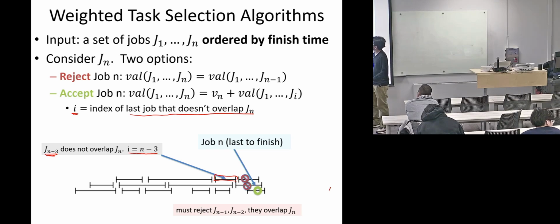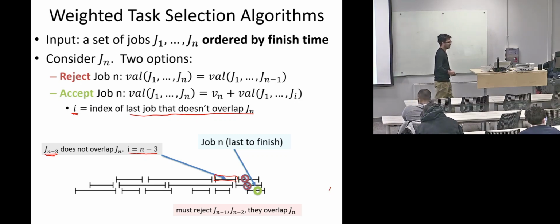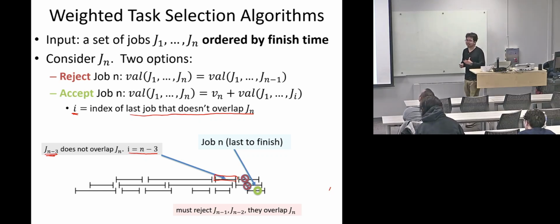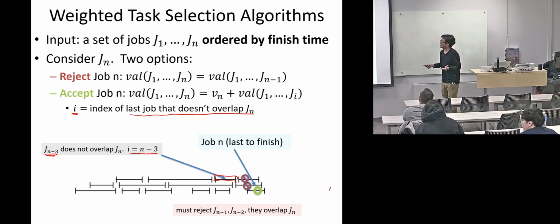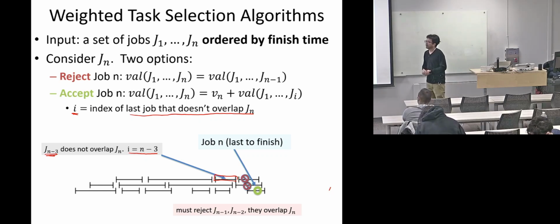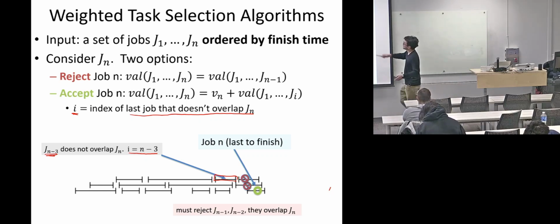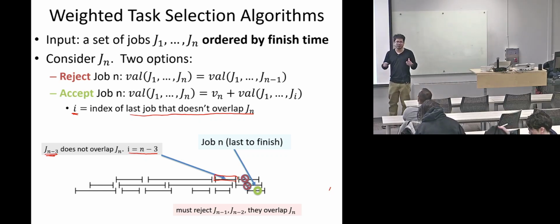So, question about these two equations. Okay. So now we basically have a recursive algorithm, right? Can you tell me, with these two equations, how would you come up with a recursive algorithm?